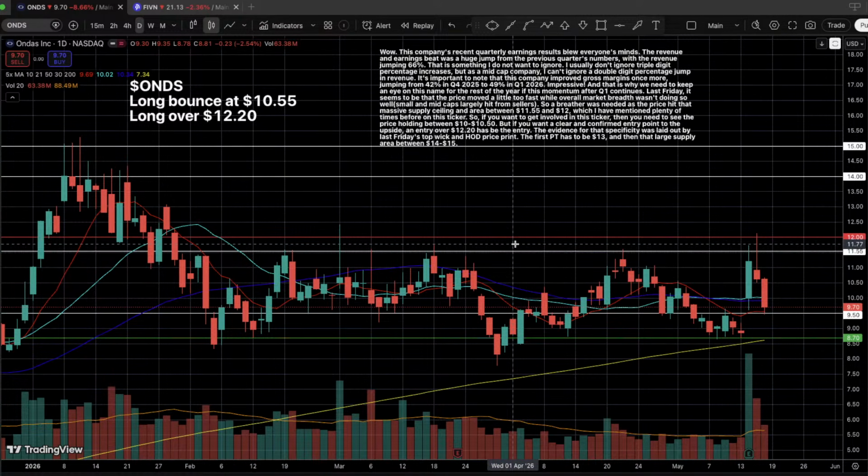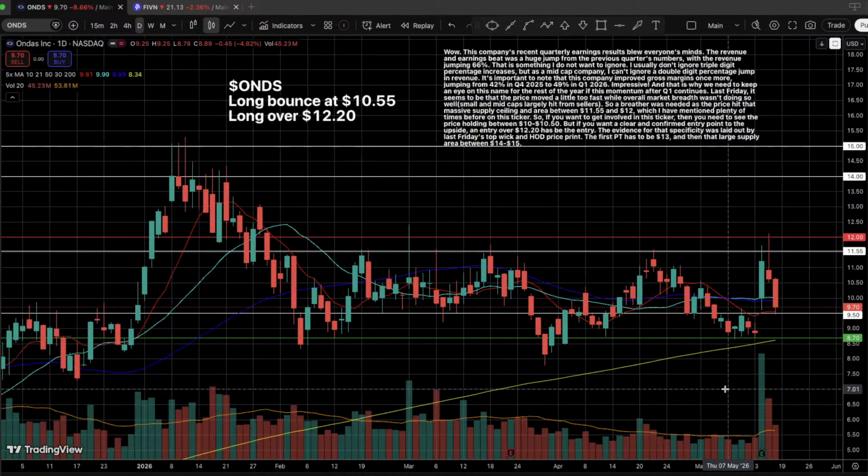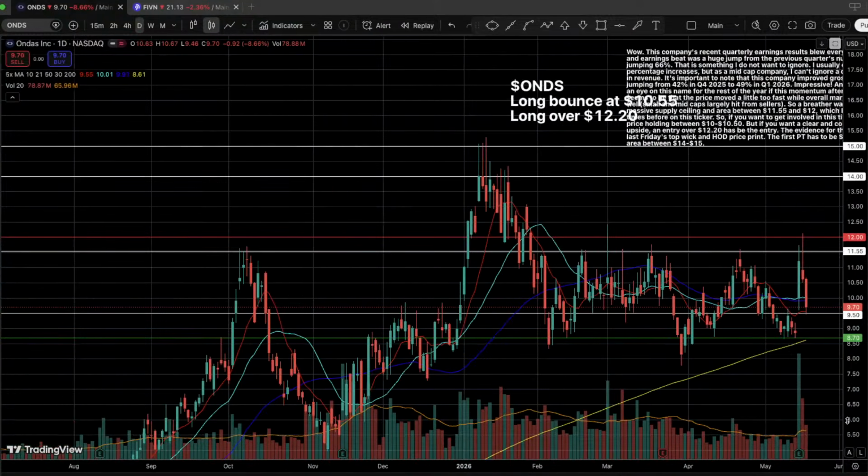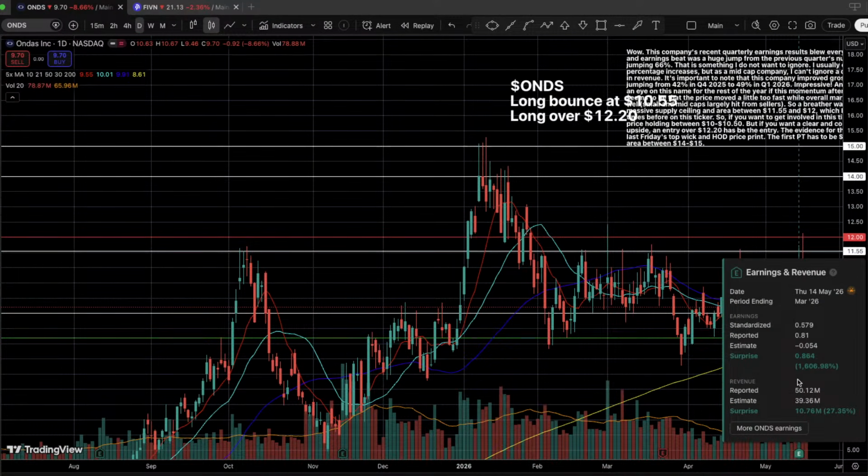But yeah, with ONDS, the first thing that really just popped out in front of my eyes was the revenue growth. And luckily for us, TradingView can give us a very nice look into that, the revenue growth. I don't know why I keep saying earnings. So the reported revenue for the first quarter of this year was $50.12 million.